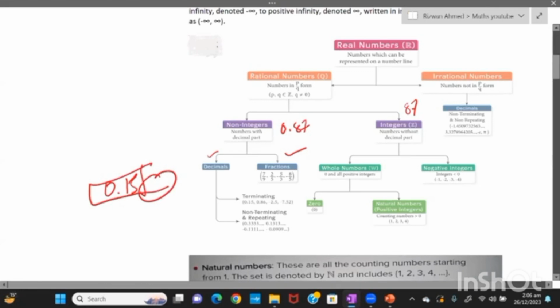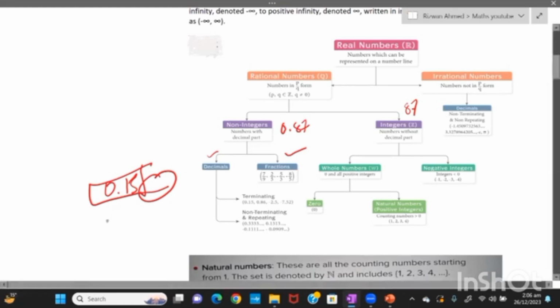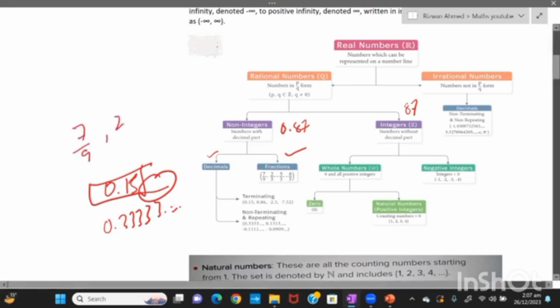The other one is non-terminating, where a number is repeated many times, like 0.3333333 and so on. This is called non-terminating and repeating. The fractions are usually like 7 over 9, 2 over 5, 5 over 3, and 8 over 5.